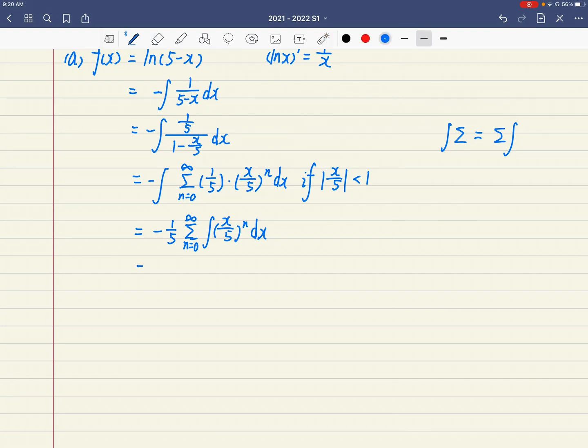You can move it out. So it is 1 over 5 to the power of n. You integrate x to the power of n. Okay, so now this integration is very easy. It is just x to the power of n plus 1 over n plus 1.